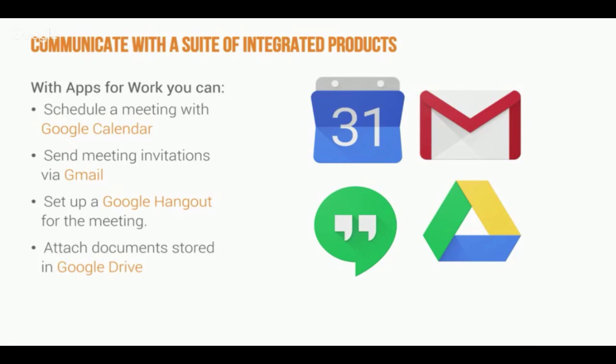Meaning that if you get an email that has a specific calendar request, all you have to do is hover over the date and it'll automatically add it to your calendar. If you want to send a meeting invitation via Gmail, you can. And it allows you also to add specific Hangout attachments to that specific calendar event, so that if your users wanted to do a screen share, for example, which we'll see in a sec, all they have to do is click on the link in your calendar invitation, and they're there communicating and collaborating with you immediately.